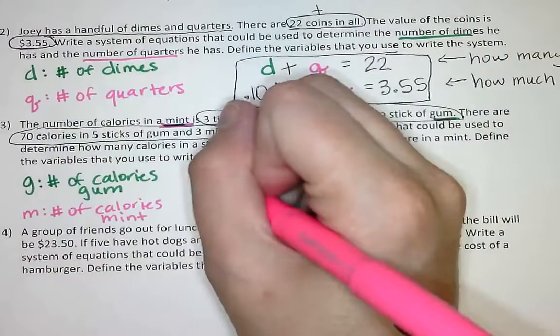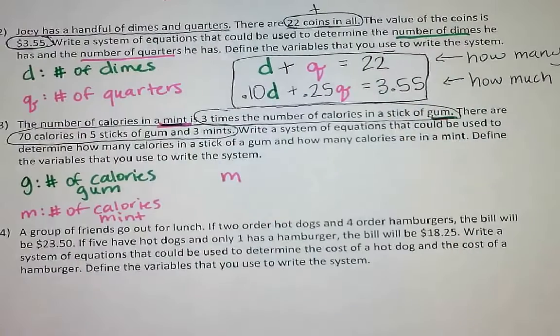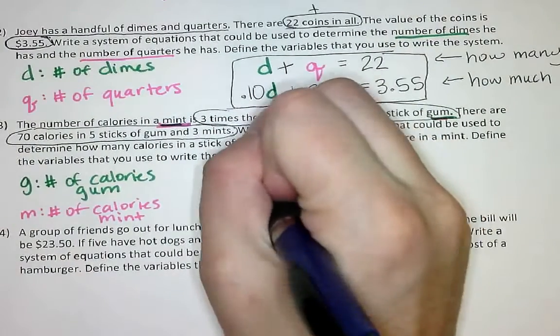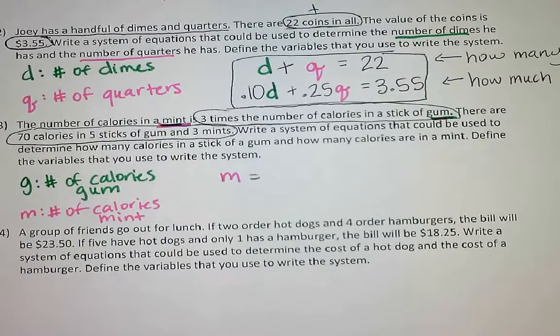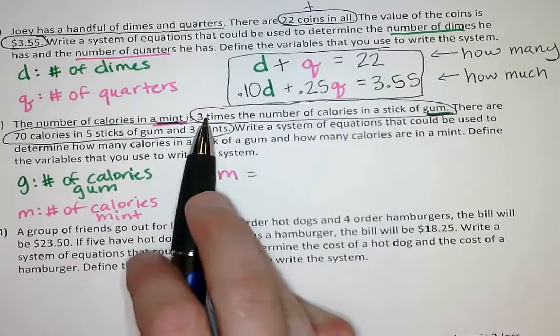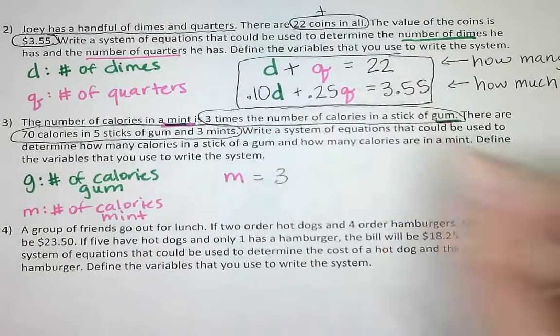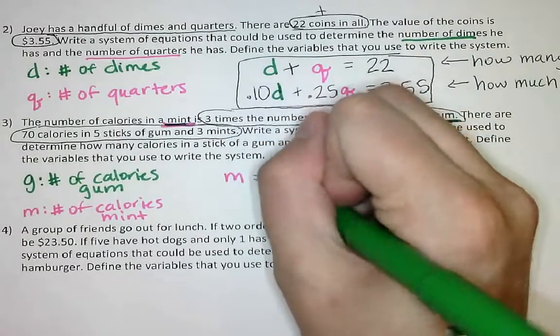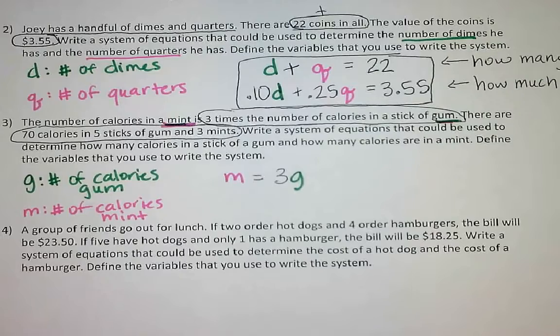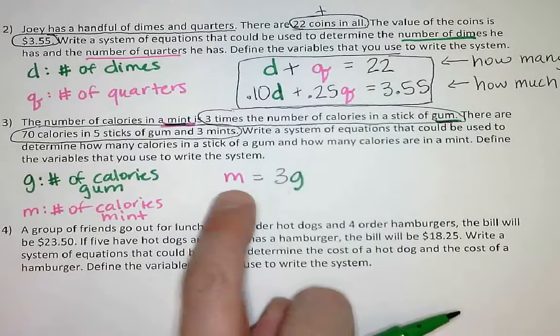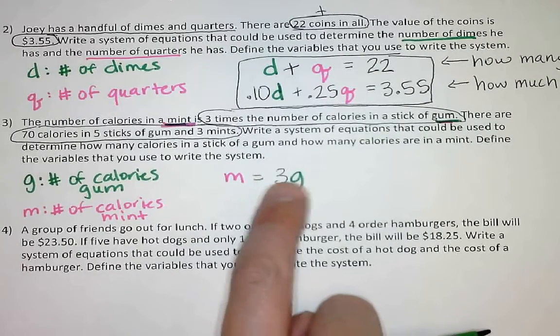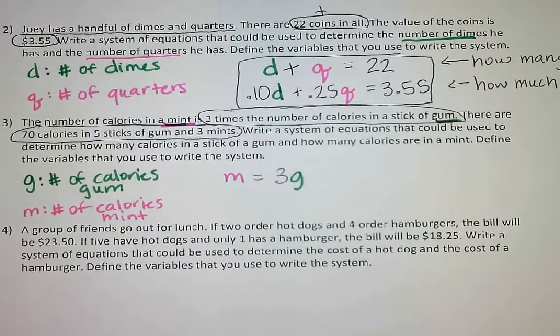If it's 3 times, what are we going to do to the G? 3 times G. Do y'all feel good about that? Your mint has 3 times the calories of your gum. And that makes sense. Also, just thinking about it, hopefully mints have more calories than gum because they're more satisfying. Okay? All right. Then there are 70 calories.